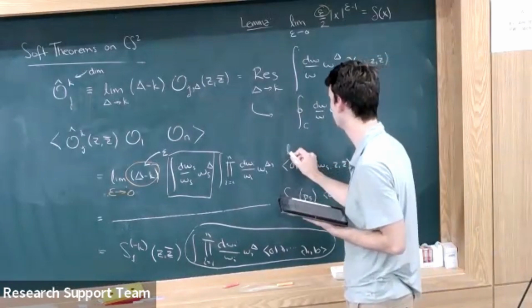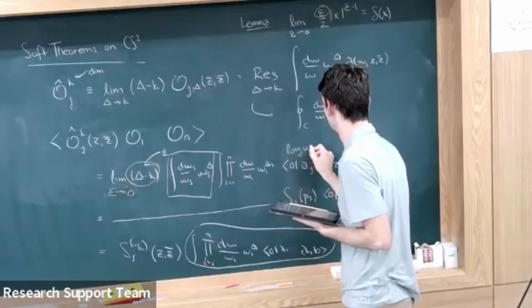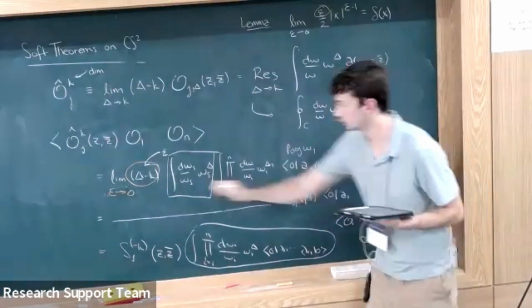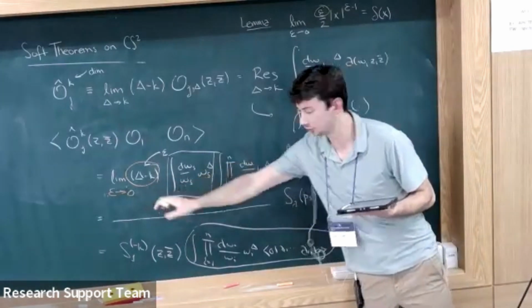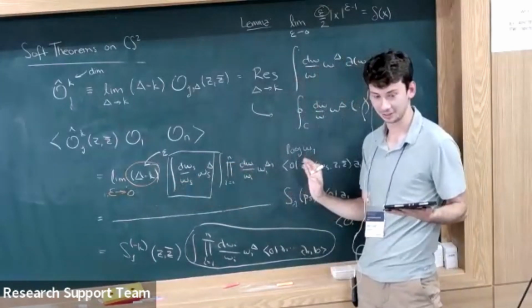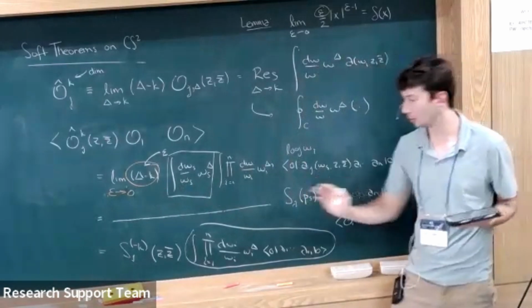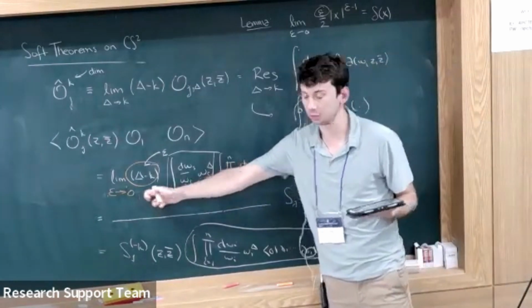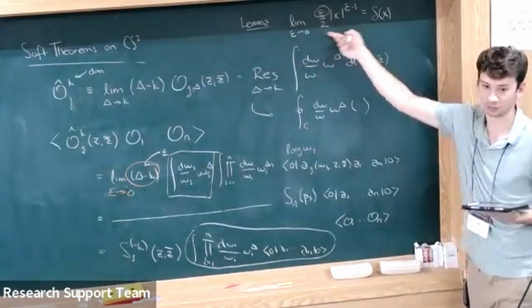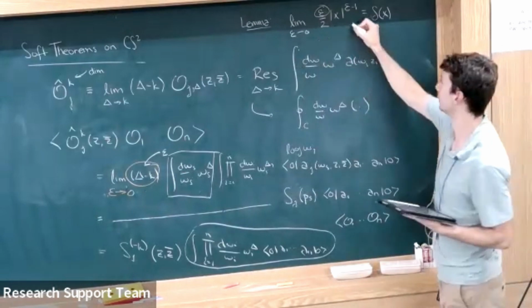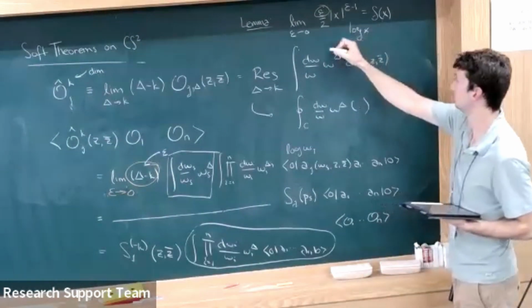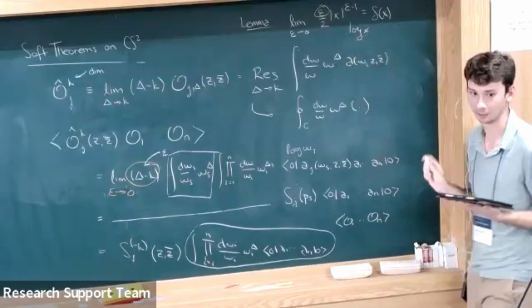If you put a log in here, this is just going to go to 0 because this is an epsilon thing. Whatever integral you get, pick your favorite contour prescription, you're multiplying it by 0. The only time that you don't get 0 is when you have precisely something like this. And if there's a log of x, it's obvious this thing is going to 0.